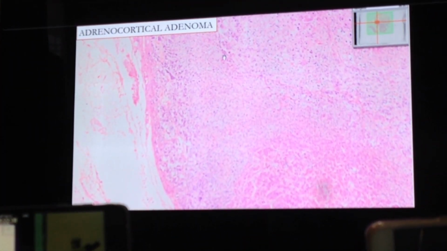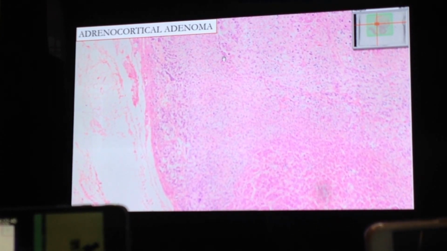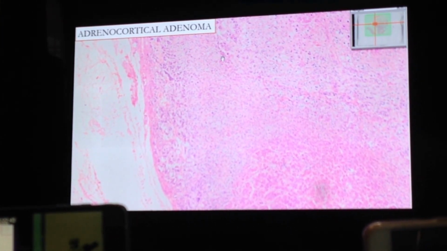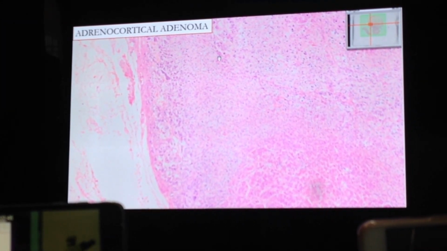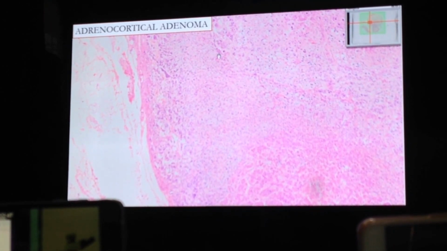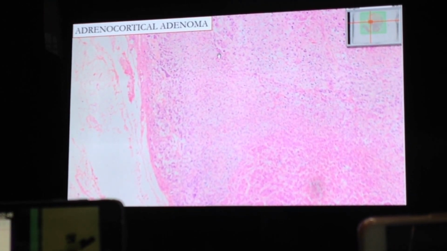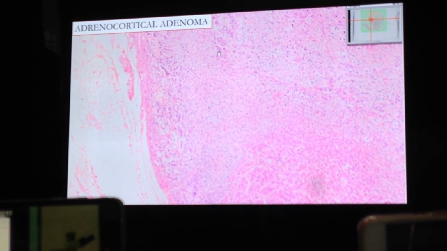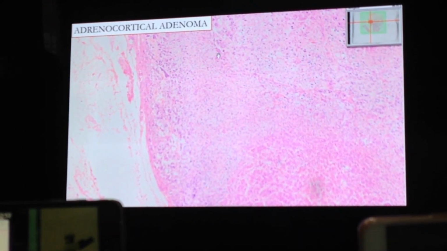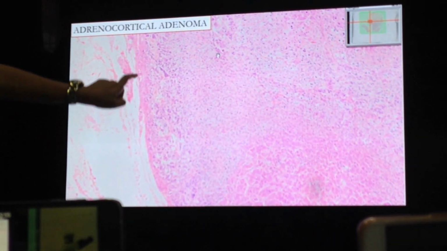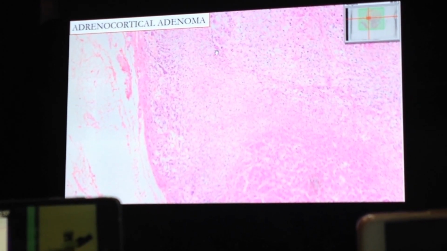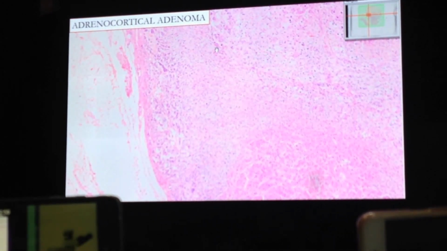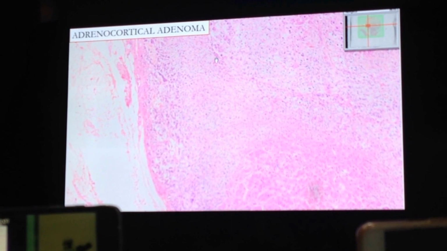So next is adrenocortical adenoma. It's a benign proliferation of your adrenal cells. Adenoma is encapsulated. Is this hypofunctioning or hyperfunctioning?